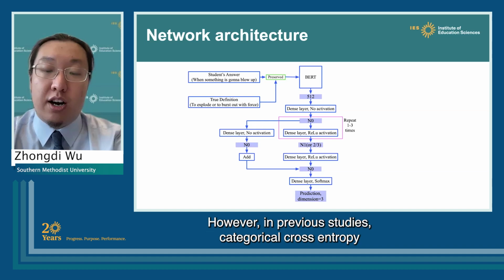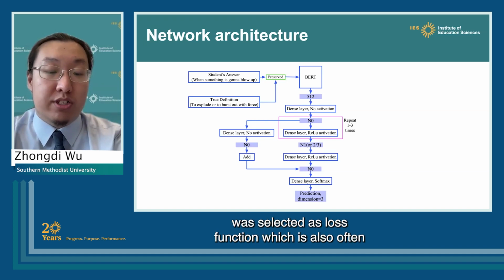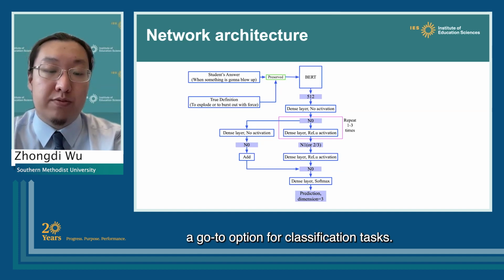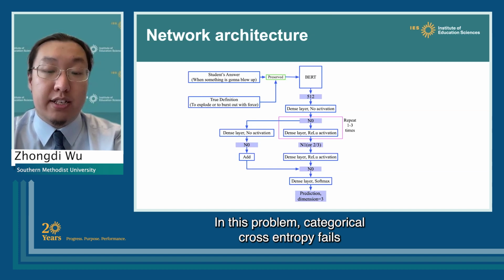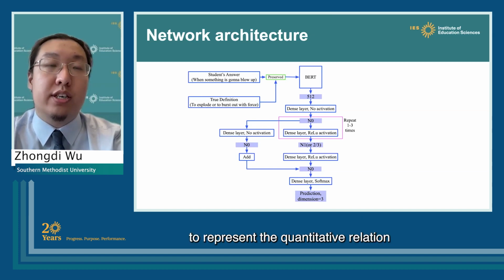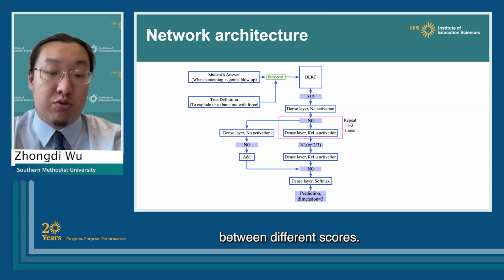However, in previous studies, categorical cross-entropy was selected as loss function, which is also often a go-to option for classification tasks. In this problem, categorical cross-entropy fails to represent the quantitative relation between different scores.